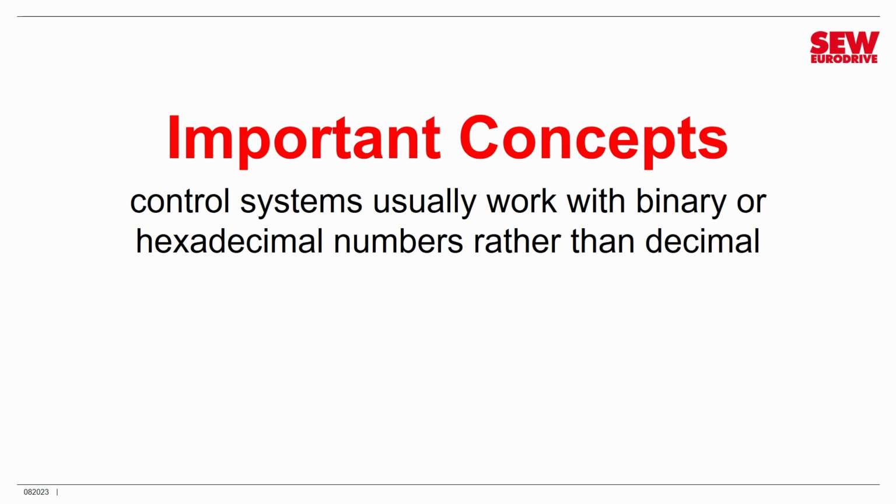You have the digits 0 through 9, but you also have 6 letters, A, B, C, D, E, and F. It's a system that actually works better for programming because you can convert back and forth between binary and hexadecimal very easily. Now, if you're a PLC programmer, I'm sure you know this already. You're probably very familiar with hexadecimal, but if you're new to it, you may want to go out on YouTube and watch a tutorial on number systems just to get a little more comfortable with it.